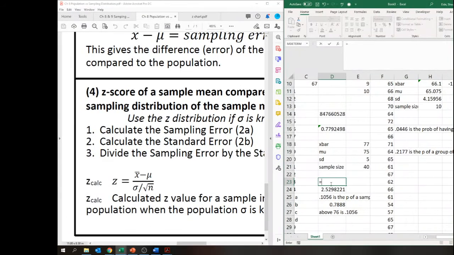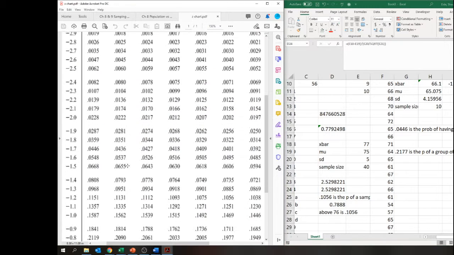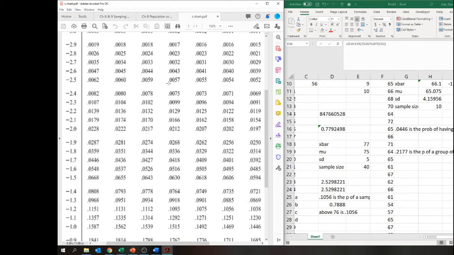Equals x bar minus mu, in parentheses, divided by, in parentheses, standard deviation divided by square root of the sample size, and it gives us 2.53. And so let's go to the z-chart, and we're going to say 2.53, which is 0.0057. Make sure that you go, this right here is 0, so go 0, 1, 2, 3. Okay, so above 77 is 0.0057.